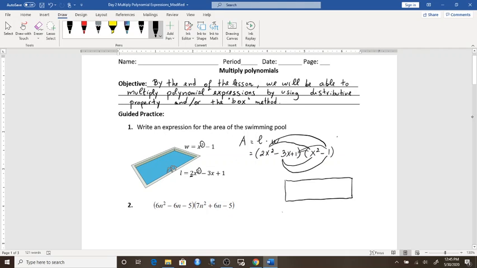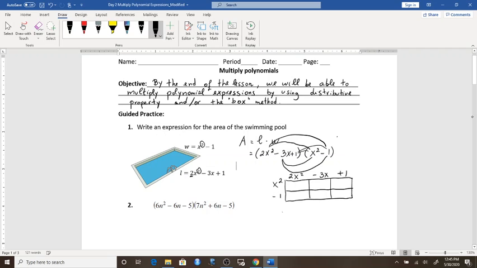You can also make 3 rows and 2 columns, it doesn't matter, but you make a 3 by 2 box. Okay, so what do we write on one side of this box? Well, one polynomial expression is 2x squared minus 3x plus 1. And we want to multiply this by x squared minus 1. I'm going to write this on the side.